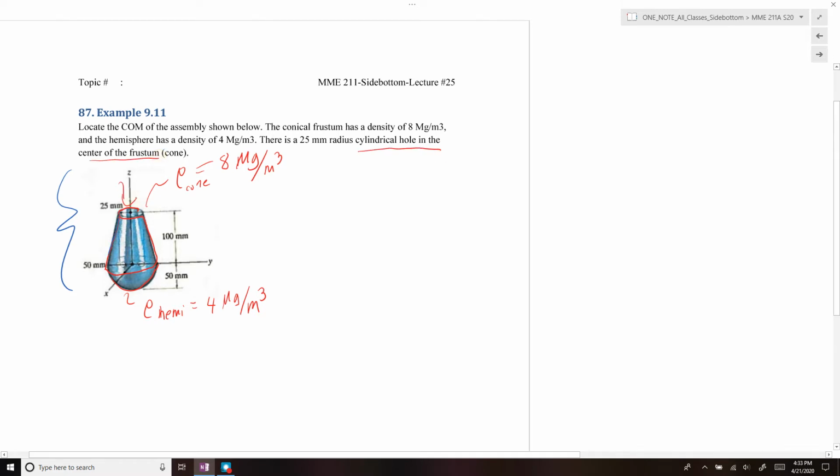So what we're going to do here is, in order to solve our center of mass equation, the first thing is to break this part assembly into different parts.